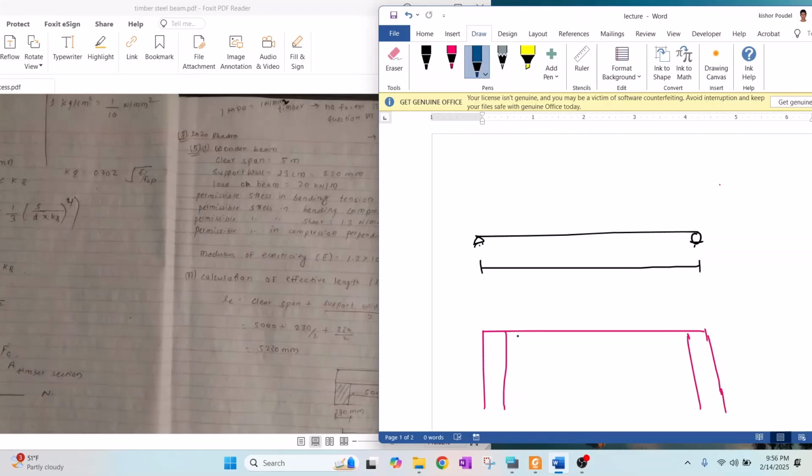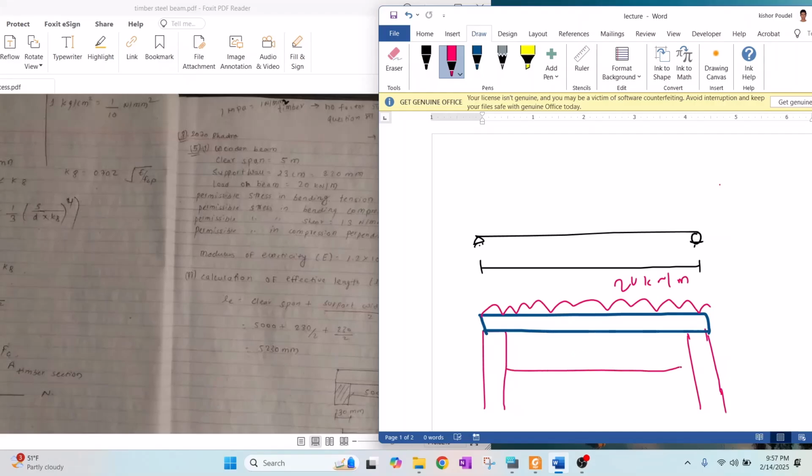Okay, so this is the beam, and the applied load here is UDL, and the value of that load is 20 kN per meter. So the clear span is 5 meter, and the support wall thickness is 230 mm.